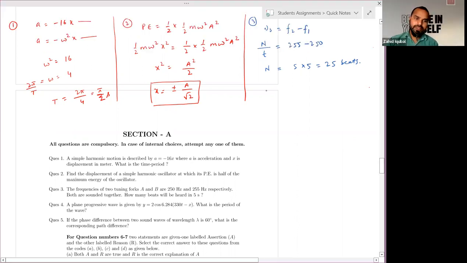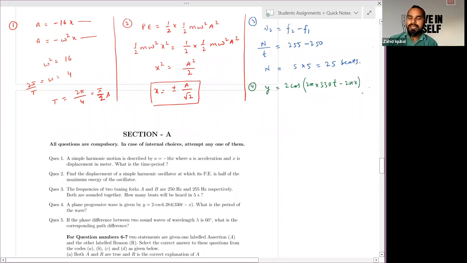Next is question number 4. A plane progressive wave y equals 2 times cos. You may write 6.28 as 2 pi and move it inside the bracket. So you get 2 pi multiplied by 330 into t minus 2 pi multiplied by x.